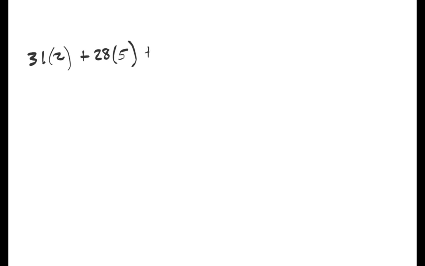And I would continue that process. March has 31 days. Its average temperature was 12. April has 30 days. Its average temperature was 20. May has 31 days, and the average temperature was 27. The month of June has 30 days, and it had an average temperature of 31.